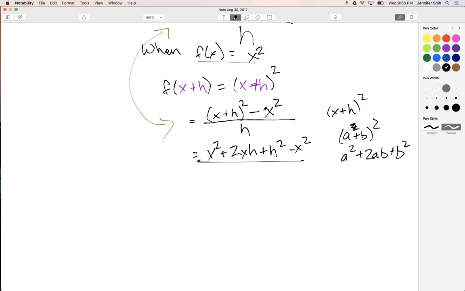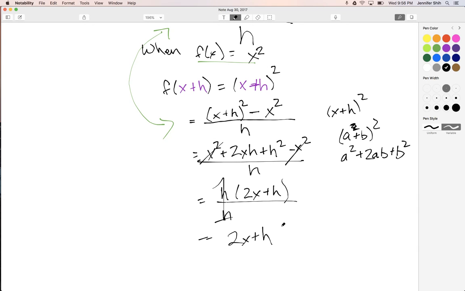That minus x squared, I'm just copying down the rest of my expression. Okay, this x squared and this x squared, delete. And I'm going to continue to simplify this. They actually have a greatest common factor in the numerator, and that greatest common factor is h. And then I have an h in the denominator, which is nice because then I simplify my answer.